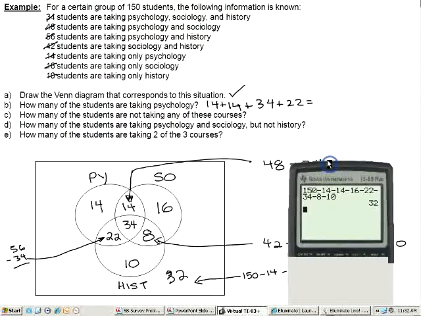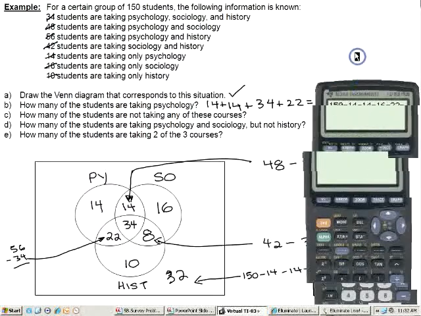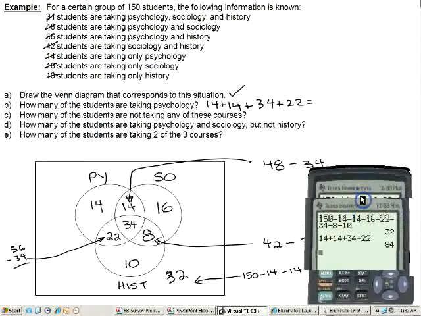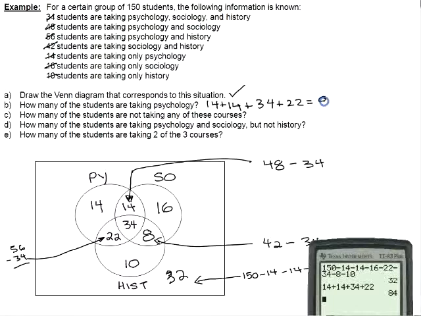Let's see what that is. 14 plus 14 plus 34 plus 22 gives us a total of 84 students who are taking psychology. Question C is, how many of the students are not taking any of these courses? Well, these 32 students here are not taking any of these courses.